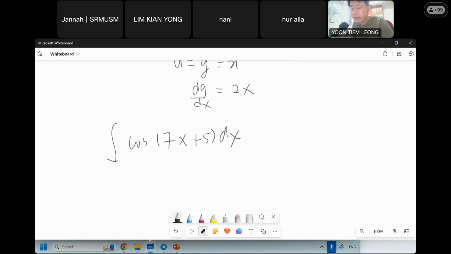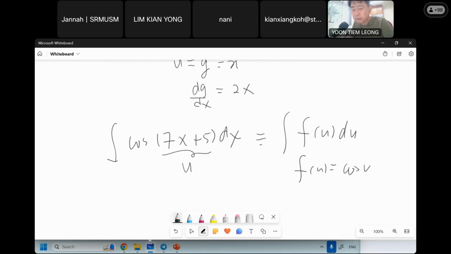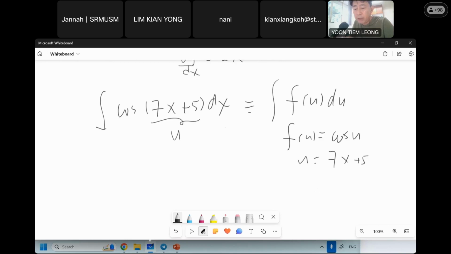And I'm going to cast this into the form of f of u du, where u is the function 7x plus 5. And my f of u is cos of u, and u is 7x plus 5. And then I also have to calculate du as 7 dx. Okay, so this is the differential du.